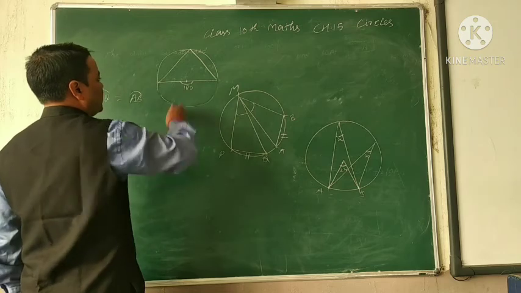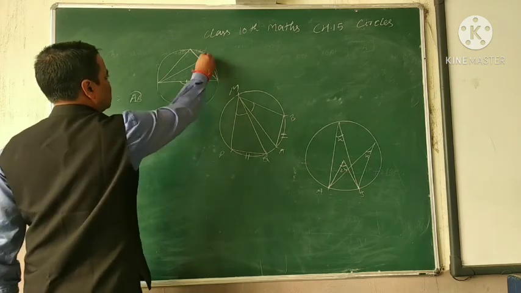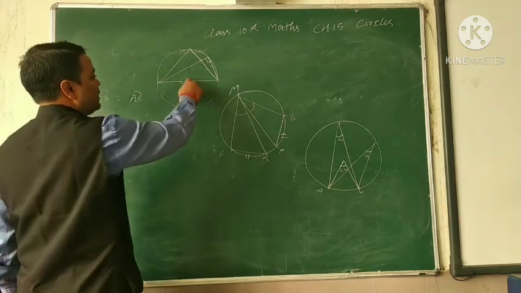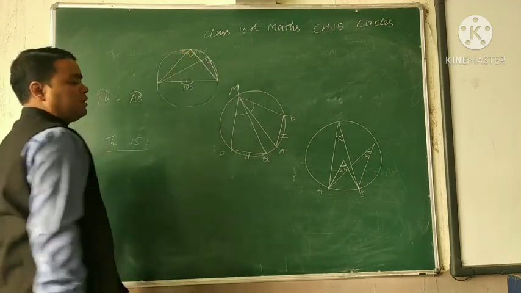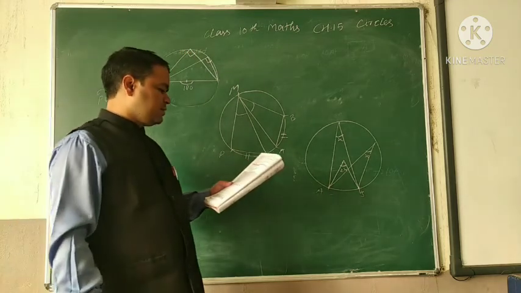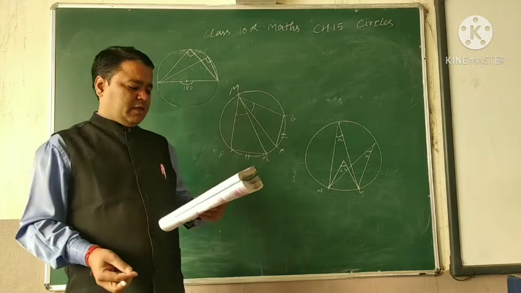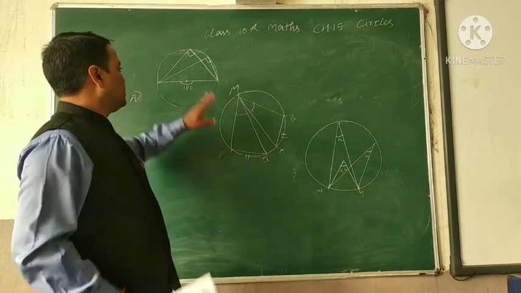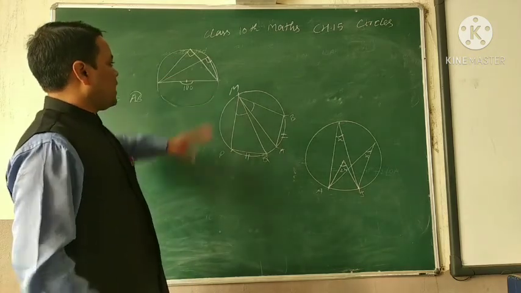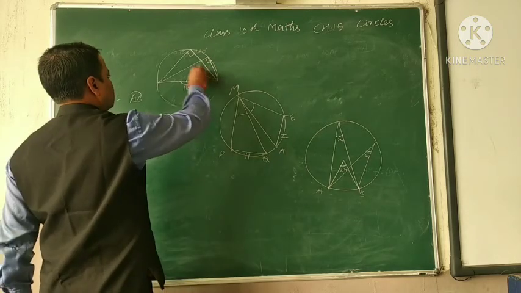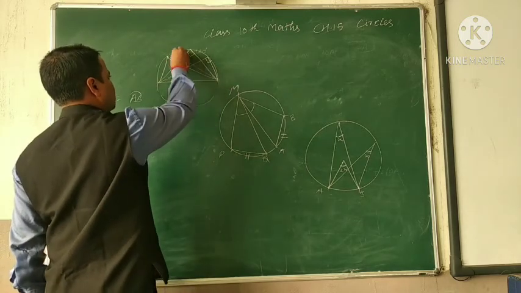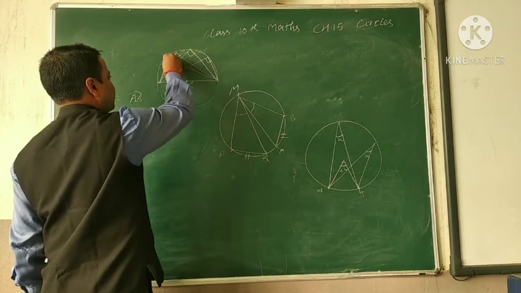Then whatever angle we take, that will be half of this 180. In this way we can say that the angle in a semicircle is a right angle. Whatever angle we make in a semicircle, in each condition this will be 90 degrees.